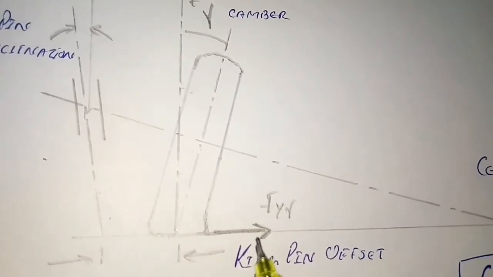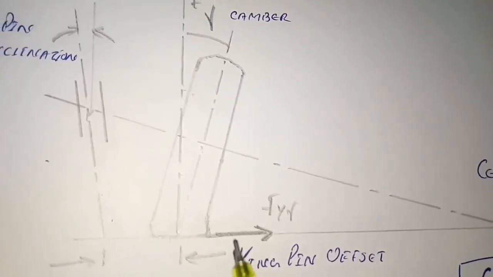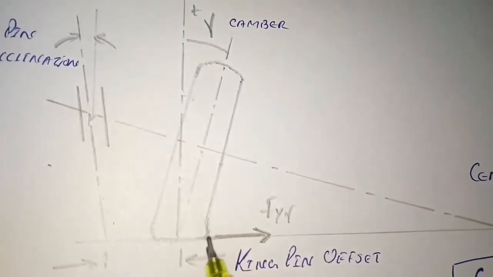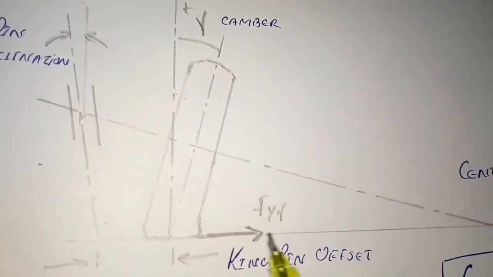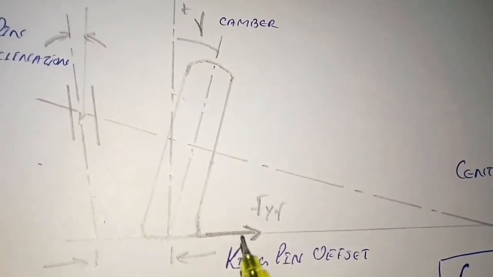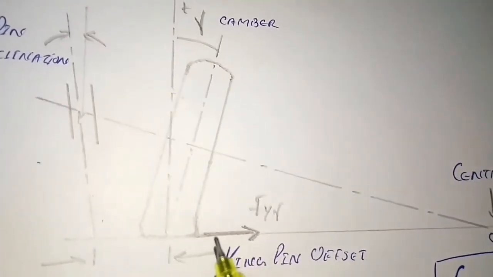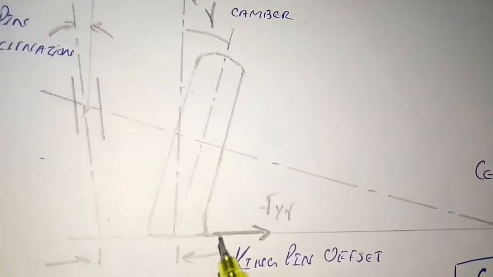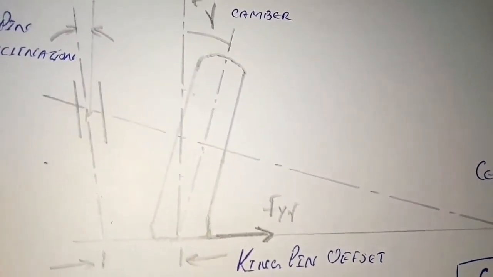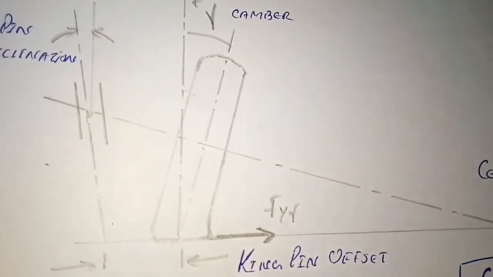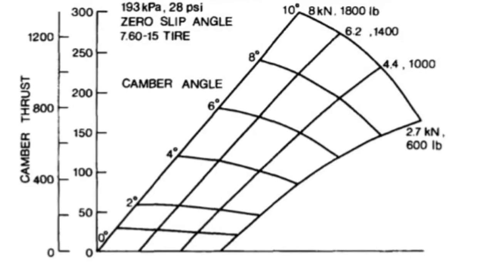But the magnitude of the self-aligning torque created by the camber thrust will always be less than the magnitude of the self-aligning torque that is created by slip angle. This is also because of the distortion of the contact patch, and it will lead to the shift of the center of pressure.